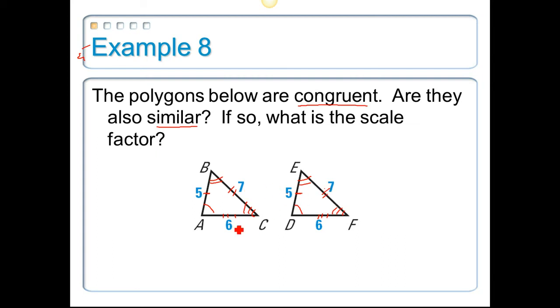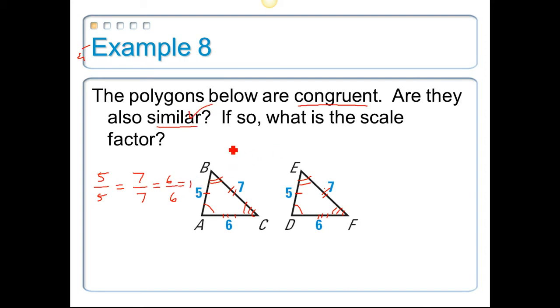So what we're saying is 5 on AB divided by 5 on DE should be the same as 7 on BC divided by 7 on EF, should be the same as 6 on AC divided by 6 on DF. And in fact, they all equal 1. So that means they're also similar.